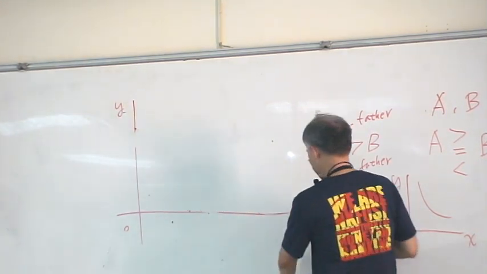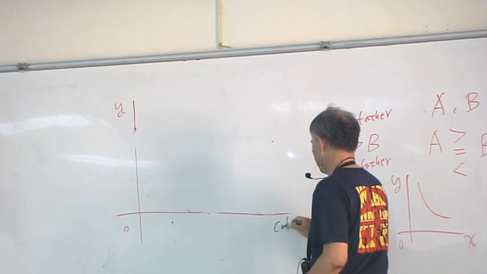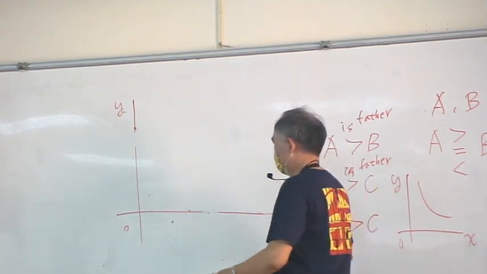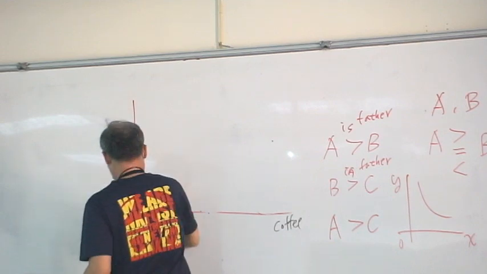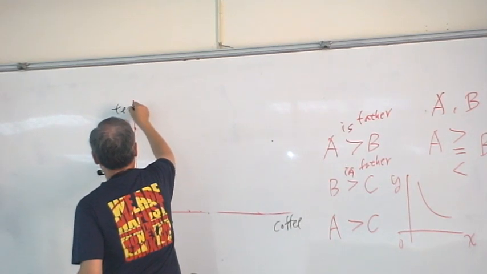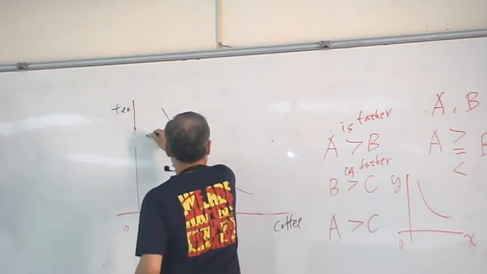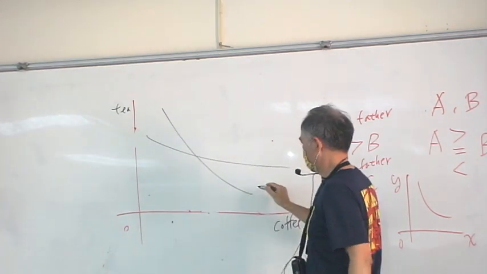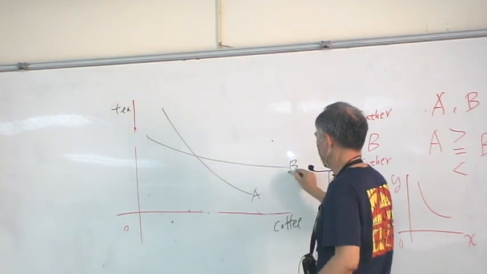Let us say this is coffee, and here it is tea. And let's say this is person A and this is person B.